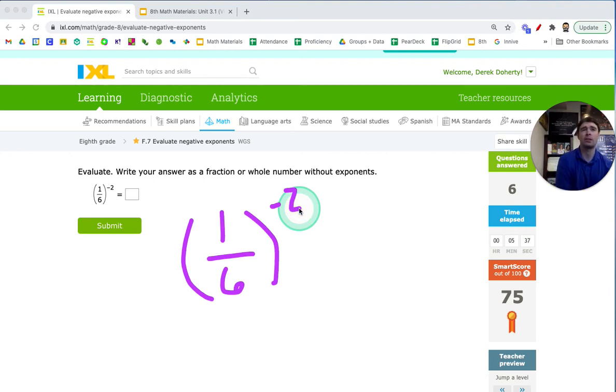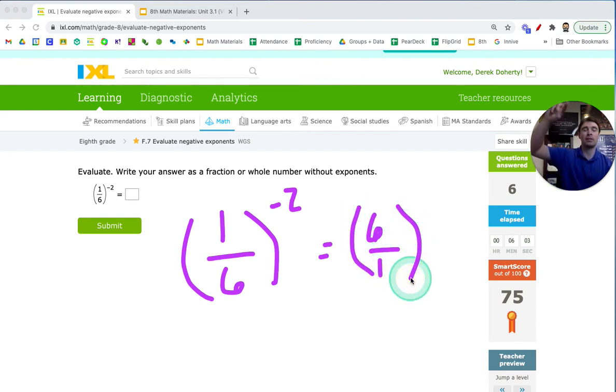And I should have shown something else in class. If you have a fraction as a base raised to a negative exponent, that means divide. So it's weird. You're going to be dividing by the top, and if you divide the division on the bottom, that's going to become multiplication. So here's what happens. Anytime you have a fractional base and a negative exponent, just flip the fraction, the base, from 1 over 6 to 6 over 1.